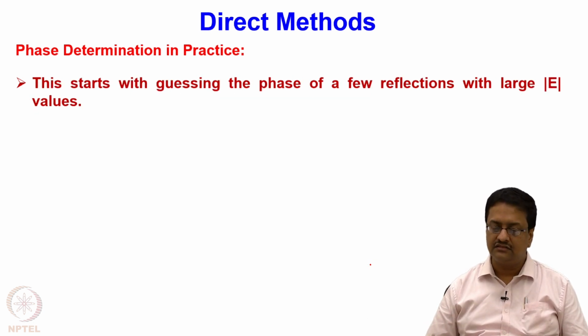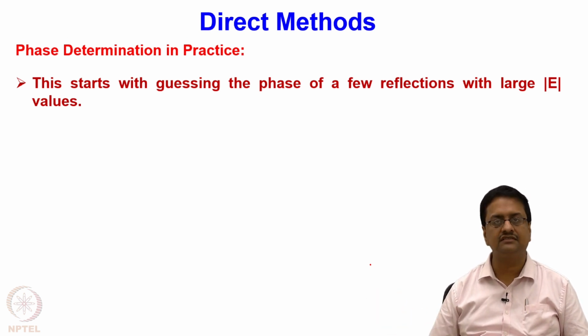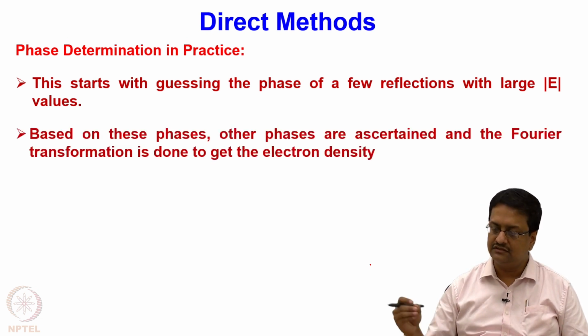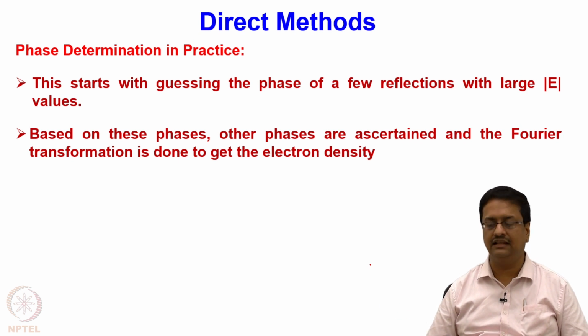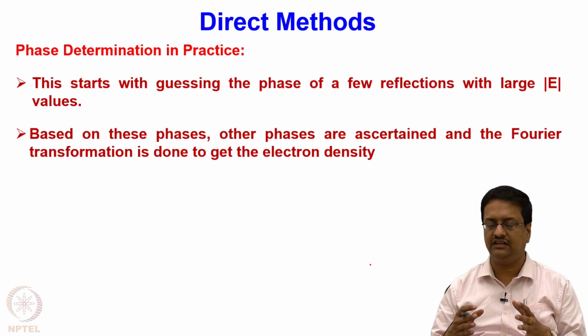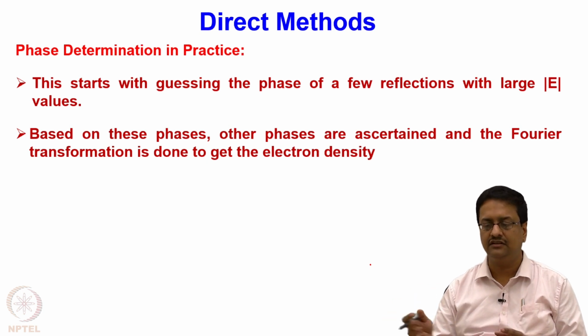This method starts with guessing the phases of a few reflections with very large values of E. Based on these phases, other phases are ascertained and the Fourier transformation is done to get the electron density. So, this is a random process, this is a guess and assumption.